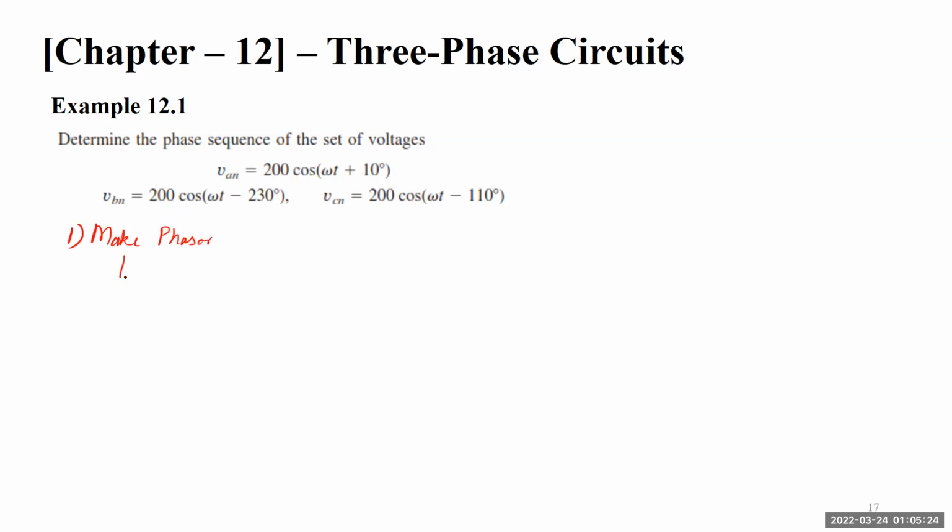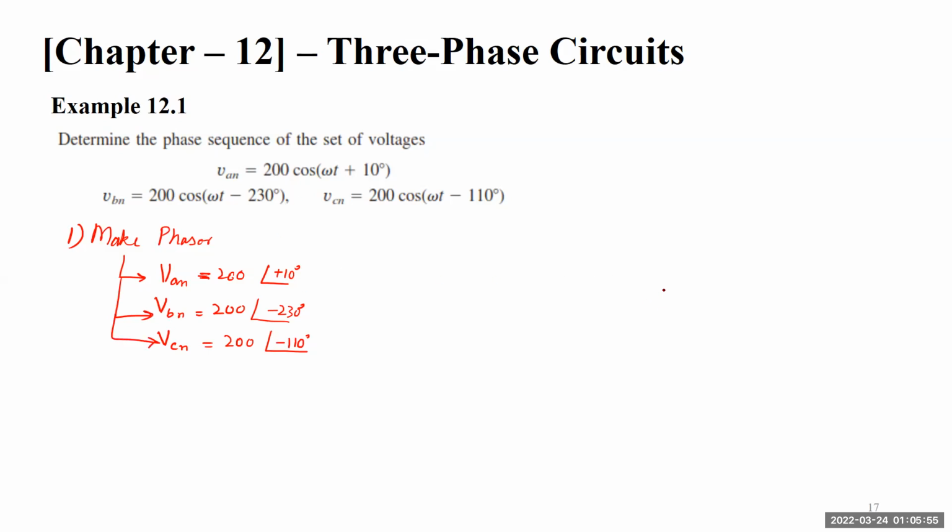So VAN equals 200 angle of plus 10 degrees. Then VBN is equal to 200 angle of minus 230 degrees. VCN is 200 angle of minus 110 degrees.